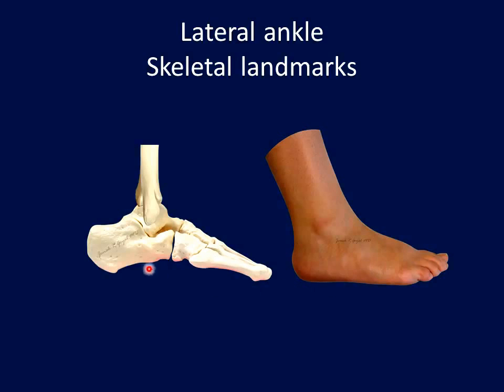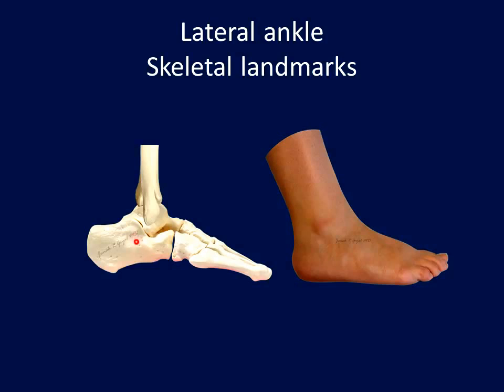The peroneal trochlea is a palpable landmark about 2 centimeters distal to the lateral malleolus. An elevation for the attachment of the calcaneofibular ligament may be felt about 1 centimeter above and behind the peroneal trochlea.